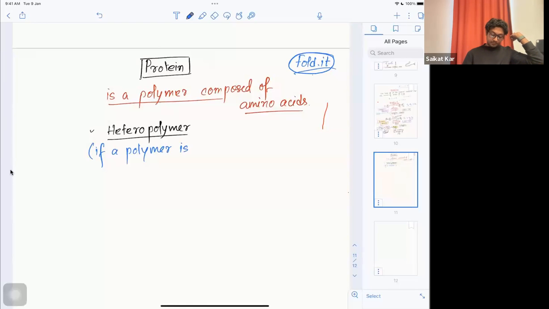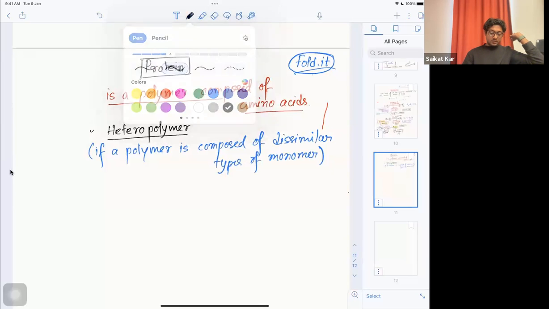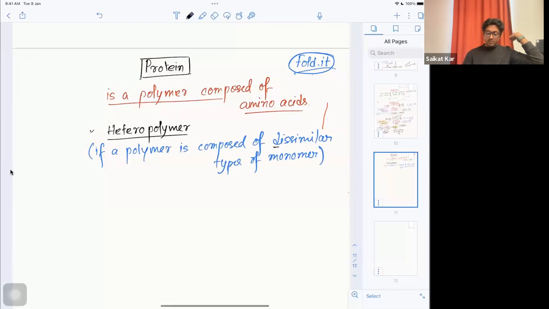If a polymer is composed of dissimilar types of monomer, then this type of polymer is called a heteropolymer. Dissimilar, so there are differences in the monomer.